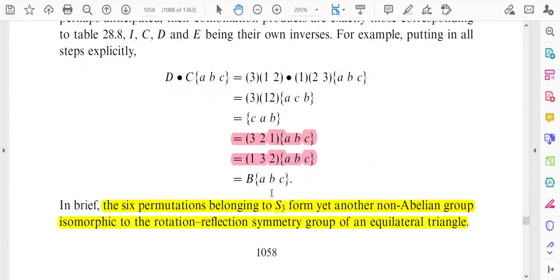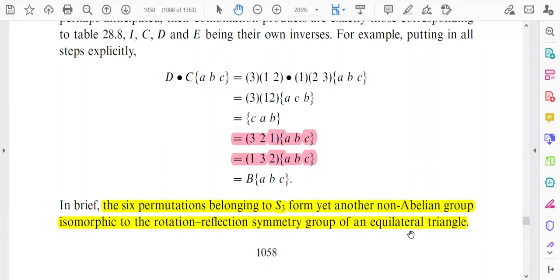In this way you can calculate all the products between the elements, and you can construct a multiplication table that we have discussed in earlier lectures. And the surprising thing is that the 6 permutations belonging to S3 form yet another non-abelian group multiplication table, and this group is isomorphic to the rotation reflection symmetry group of an equilateral triangle, which we have discussed earlier.